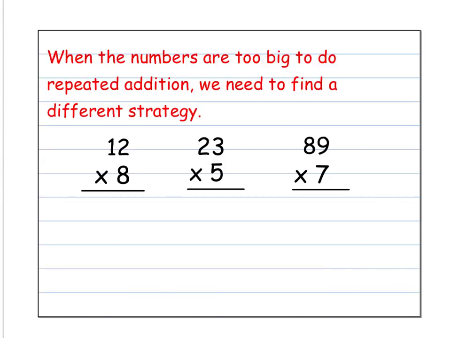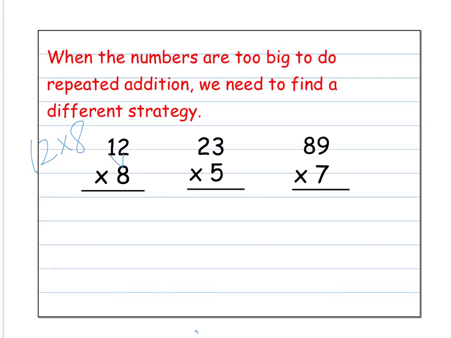So I'm going to go through a few examples with you. We have 12 times 8. You might see the problem originally looking like this, and then we stack them on top of each other, so it's 12 times 8. What we do is we take this 8 and we multiply it to both the 2 and the 1.